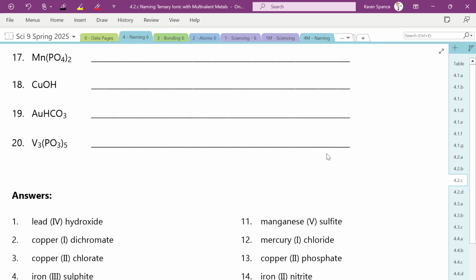So 56 to 58, if you're finding Roman numerals hard. 59, if you're okay with Roman numerals. And if your name is on the board, you'll want to get that cleared off.